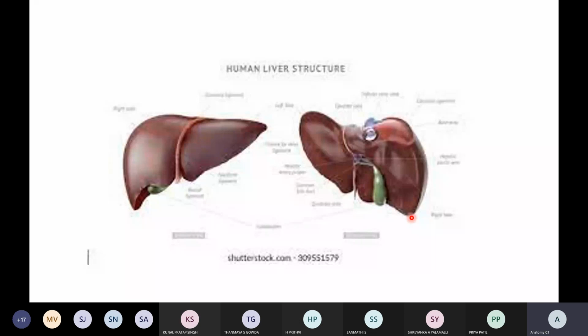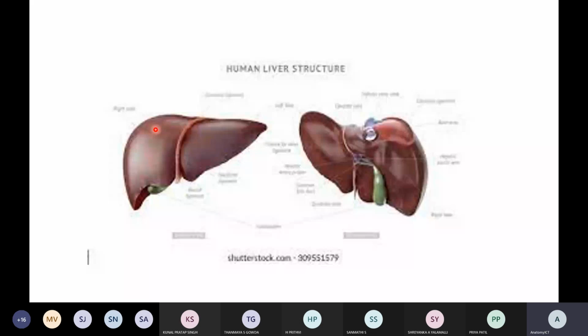This border we call the inferior border. The inferior border is the only really sharp border in the liver; the other borders are ill defined, and according to their location we name them. The border between the right surface and the posterior inferior surface is ill defined. From the right surface to the anterior surface there is an ill-defined border, and from the anterior surface to the superior surface there is an ill-defined border.